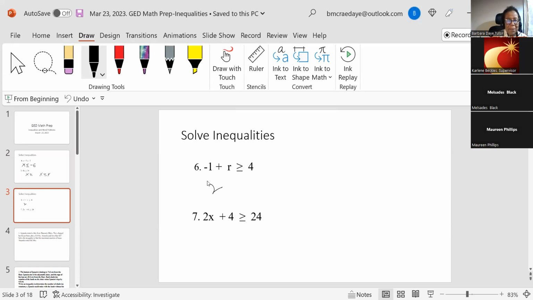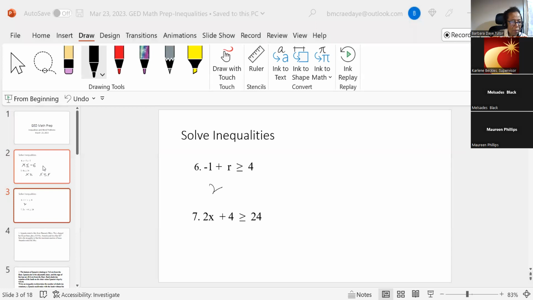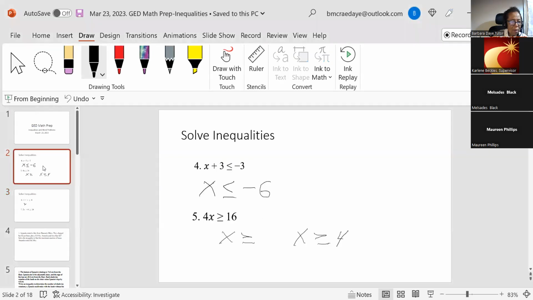You're switching so fast, Miss. What's the problem? I was writing off the last one. You're switching so fast. Oh, okay, I go back. No problem. I was quickly writing. Here we go. Number 4 was x less than or equal to -6.